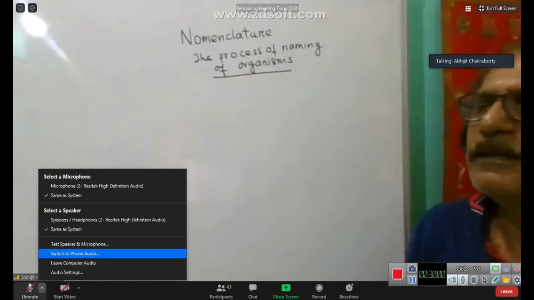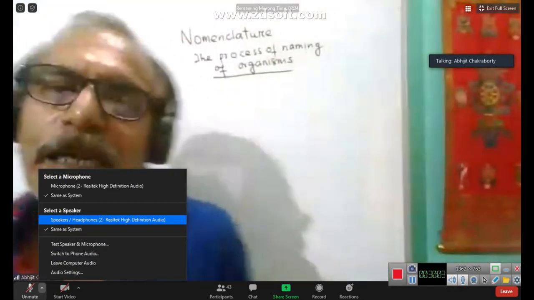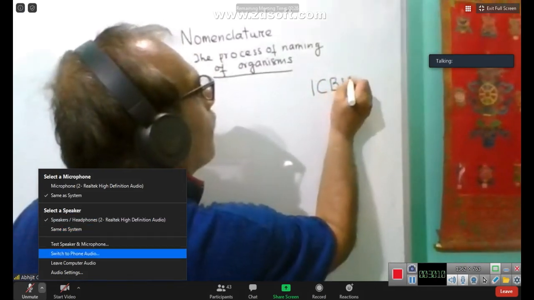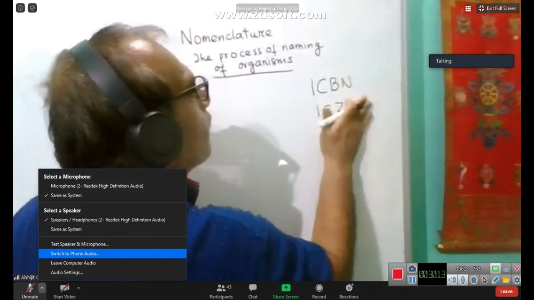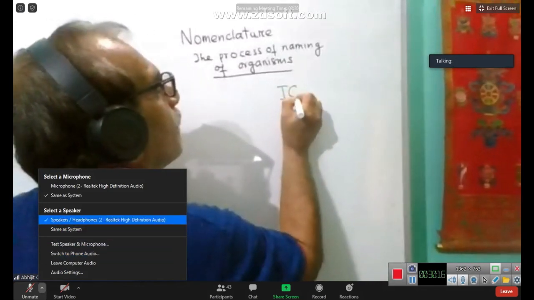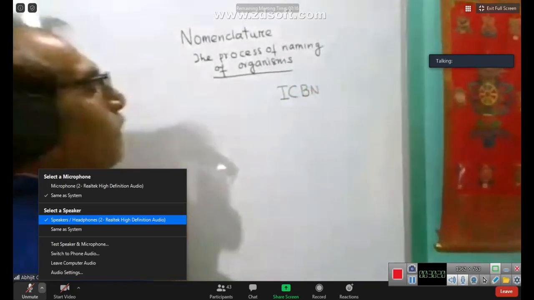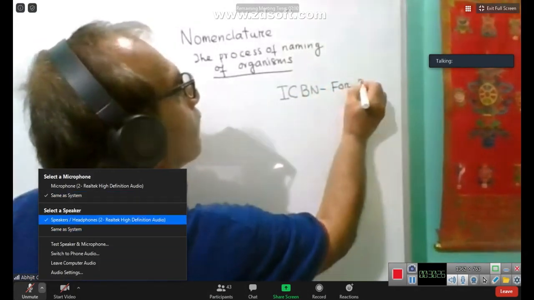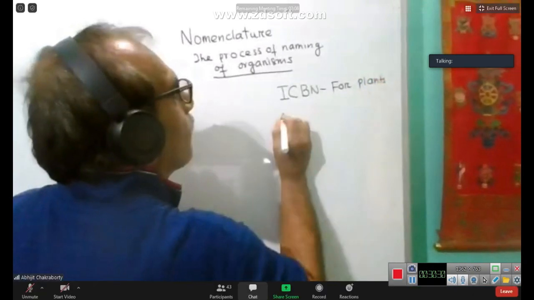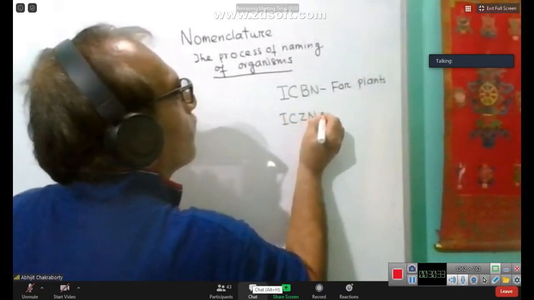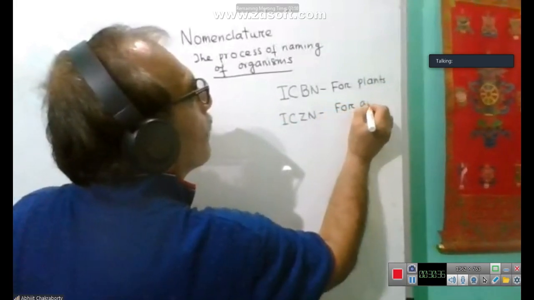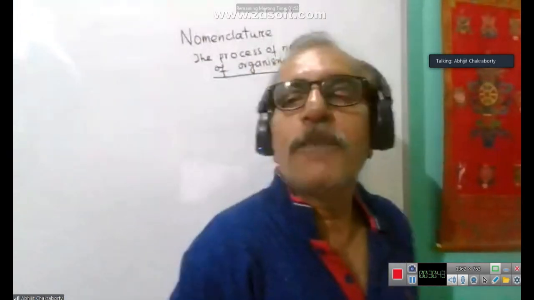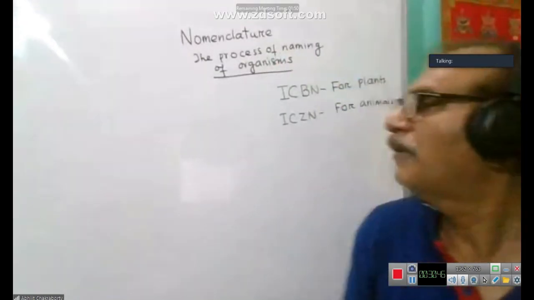Two organizations are there which decide whether the naming is right or not. One is ICBN for plants, ICZN for animals.